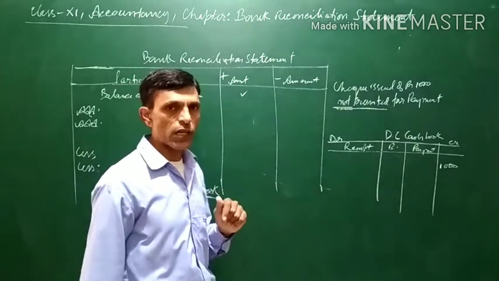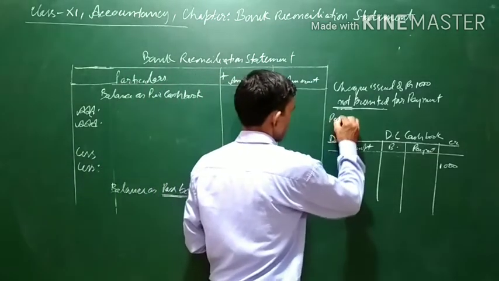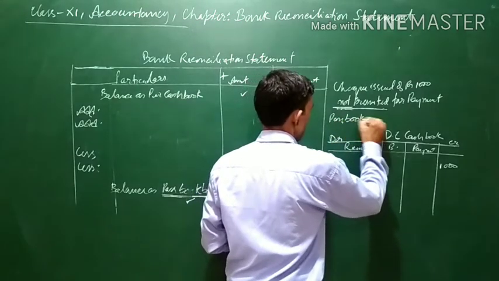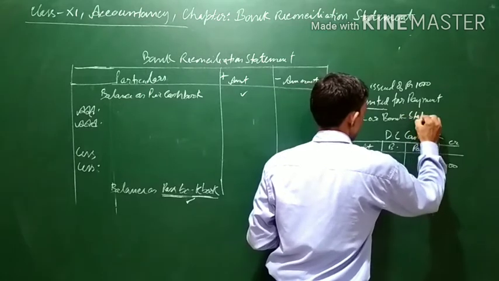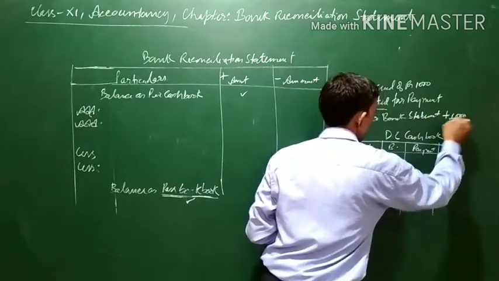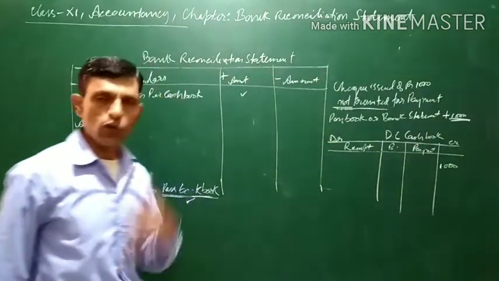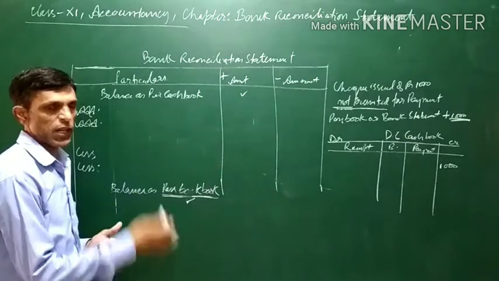So our passbook, or you can say bank statement, will show a positive balance. 1000 more balance will be showing, because the amount has not been withdrawn.